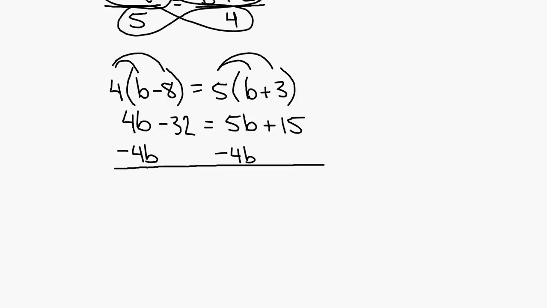And the 4b's will cancel. So negative 32 is equal to 5b minus 4b is just b. And that's plus 15.